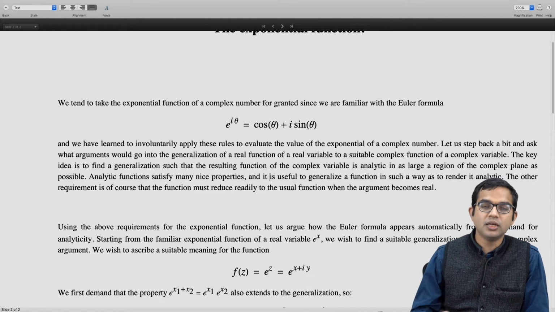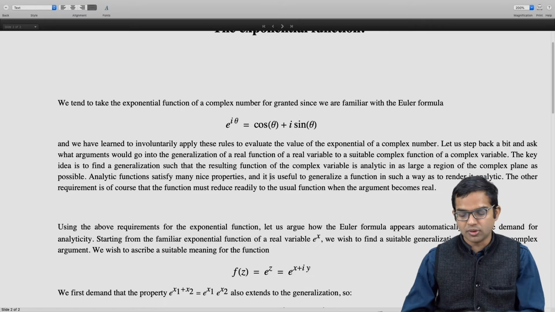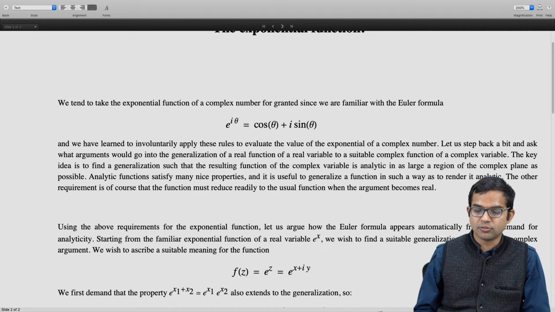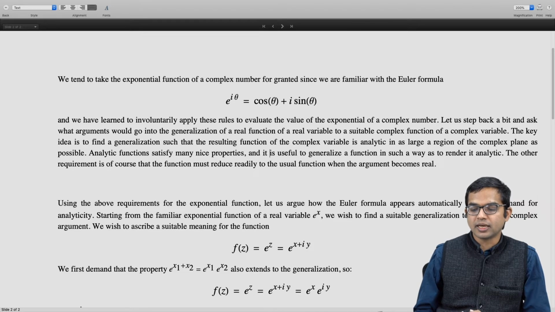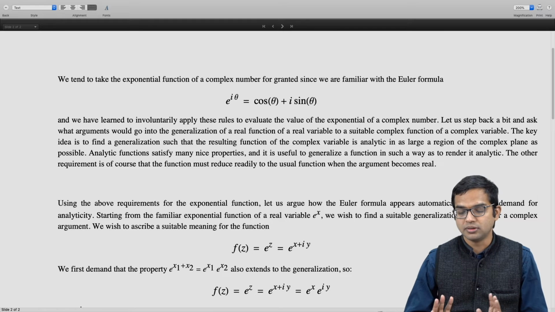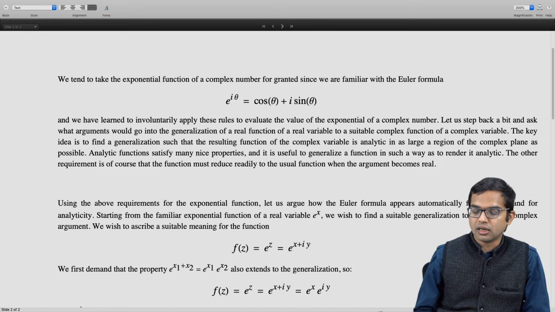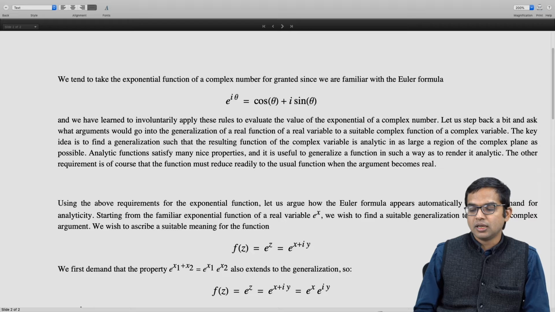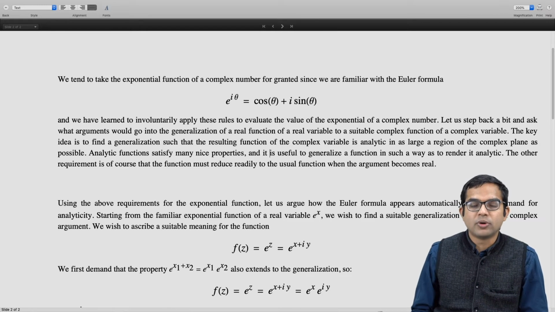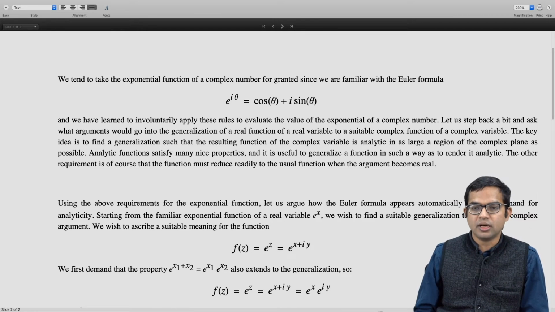So we are going to give meaning to e to the z, but we also expect that this function will satisfy this kind of property. So we should be able to write e to the x plus iy as e to the x times e to the iy. Right? So e to the x is the same e to the x that we already know. It's just the exponential of a real variable. Now e to the iy is where we have to provide meaning for this quantity.